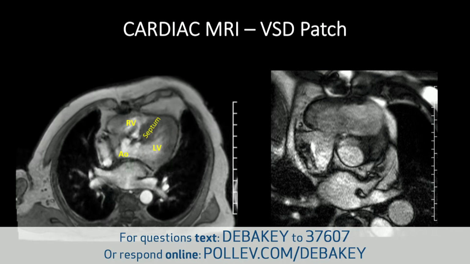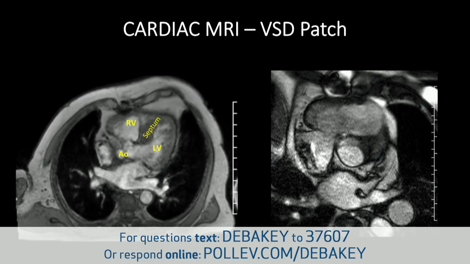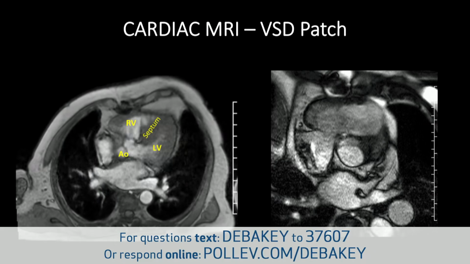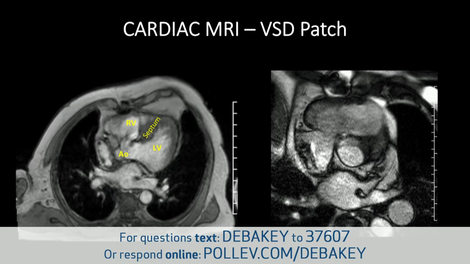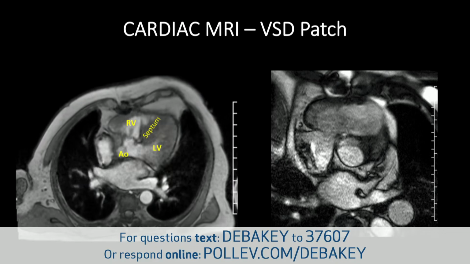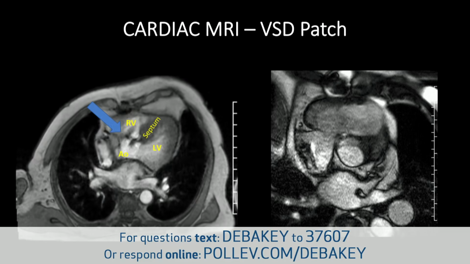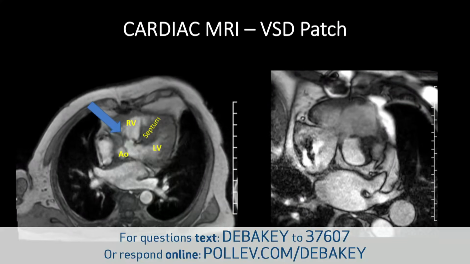So that's a residual VSD in the area of the septum, and the reason I'm showing you this is because the LVOT and the aorta are not super aligned, so this doesn't look like your usual VSD. So you need to look at them with this approach, right? And then let me show you just another view in a short axis.